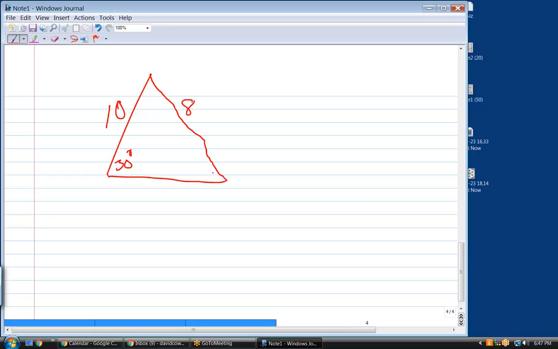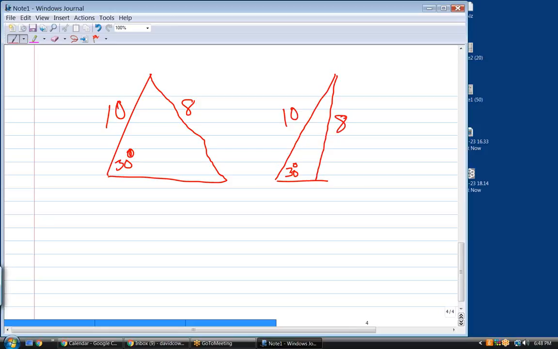Notice that if I told you that you have a triangle that has a 30-degree angle next to a side of 10, next to a side of 8, this is the triangle you would probably draw. But there is, in fact, another one that has those exact same three measurements. That side is 10. That side is 8, and that angle is still 30 degrees.